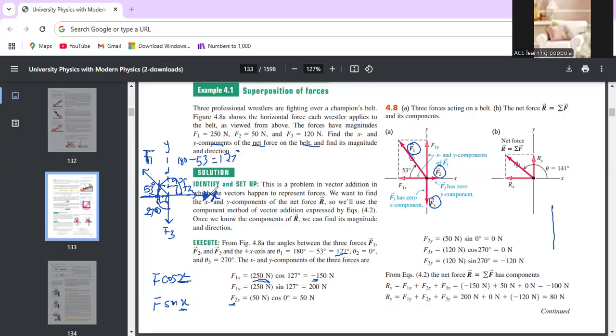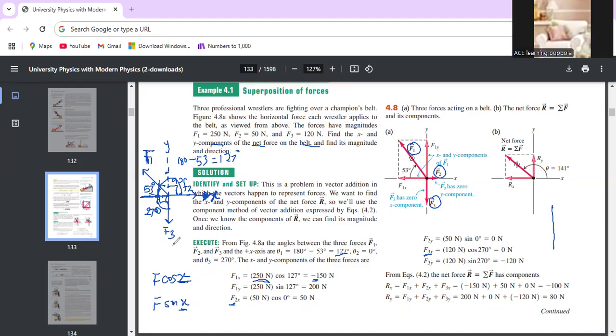So 270 will be the angle that we use. It means F3 in the x direction will be F cos 270, where F is 120, and in the y direction it is F sine 270. As you can see, in the y direction, the vertical direction, it's negative, and in the x direction it is 0 because it has no component in the x direction.